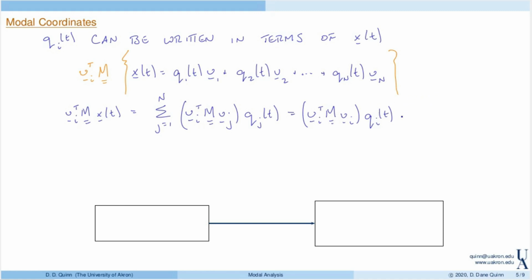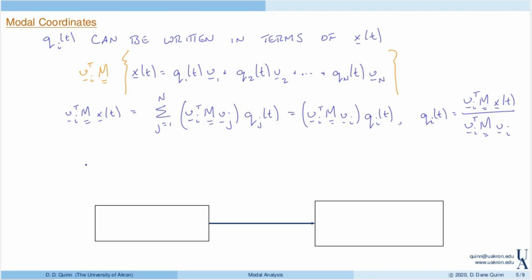As a result, we can find the modal coordinates in terms of the physical coordinates. So qi is simply ui transpose m times x, where x is the vector of coordinates, divided by ui transpose m times ui. This is particularly useful for initial conditions.